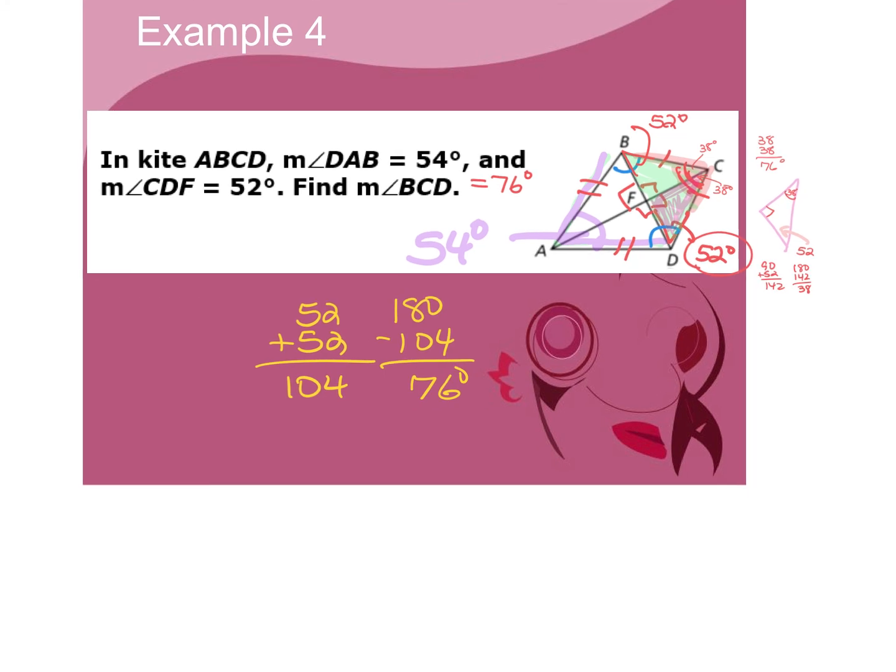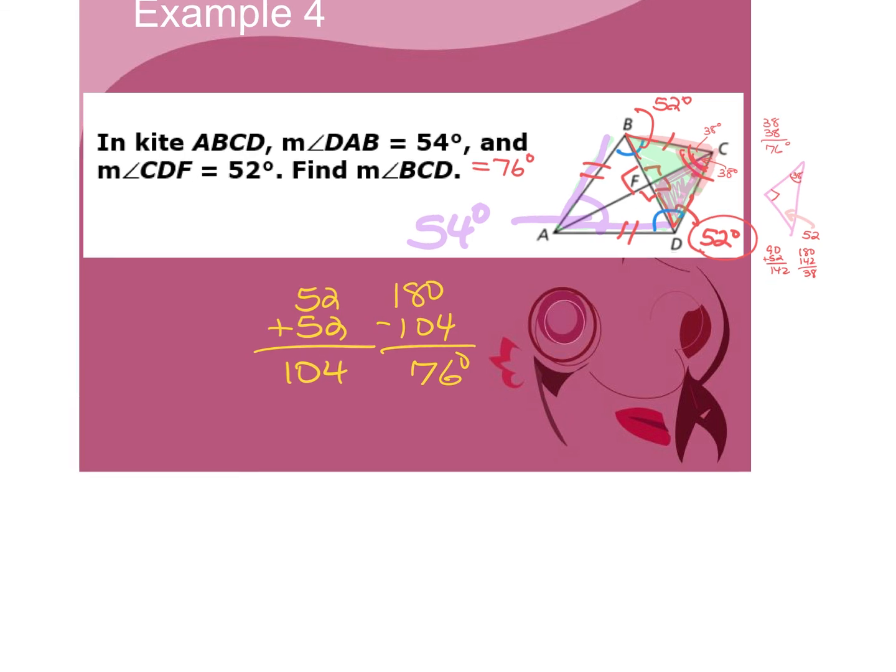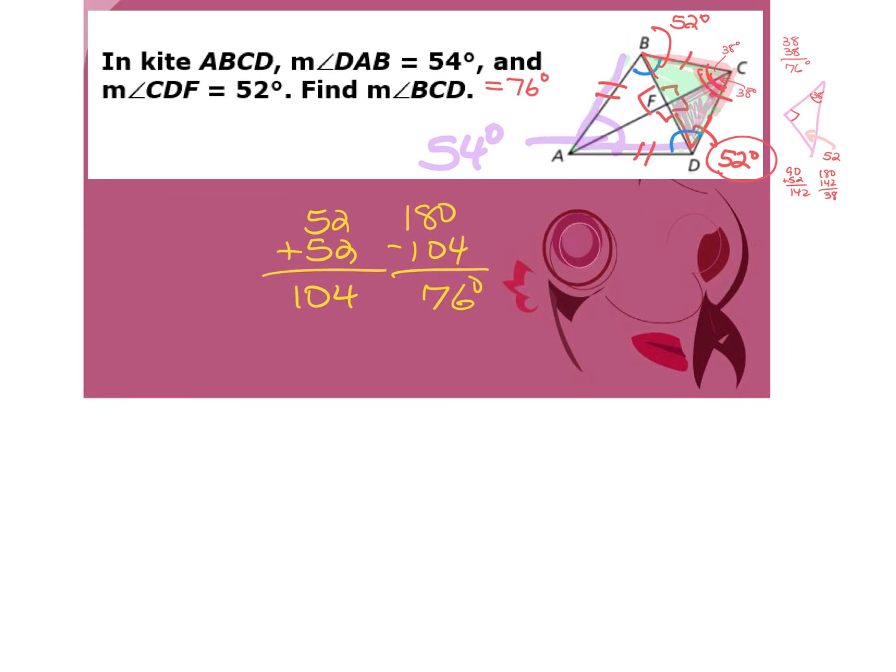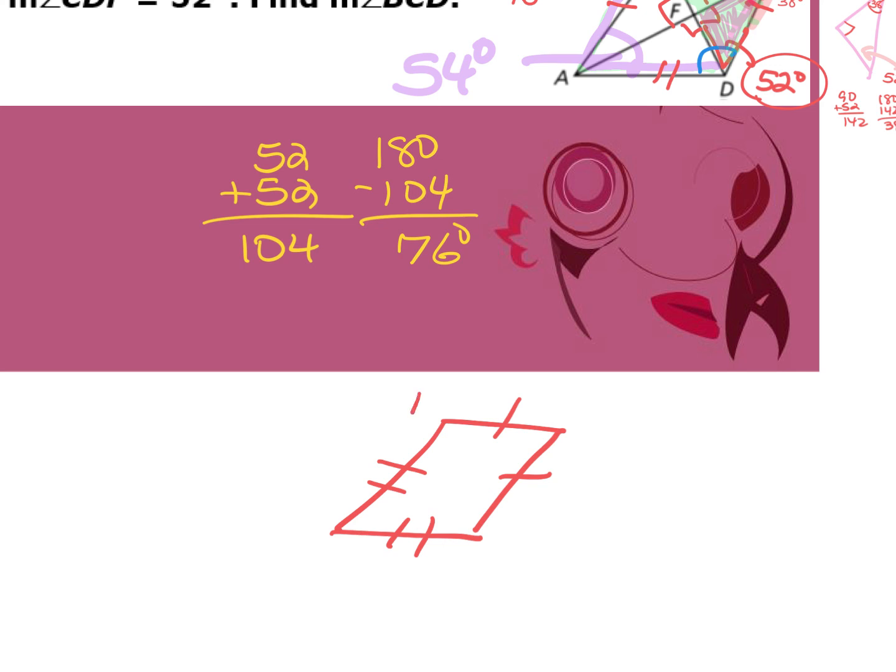Now, if you're given a kite and there's no diagonals drawn in it, like you're going to do in the homework tonight, you don't need to make it into smaller triangles. So for example, if you just have a kite like this, that's a bad kite, but at least you get the idea. Let's say I have A, B, C, D, and again, they ask you to find the measure of angle A. Let's say I tell you this one's 40 and this one's 70.